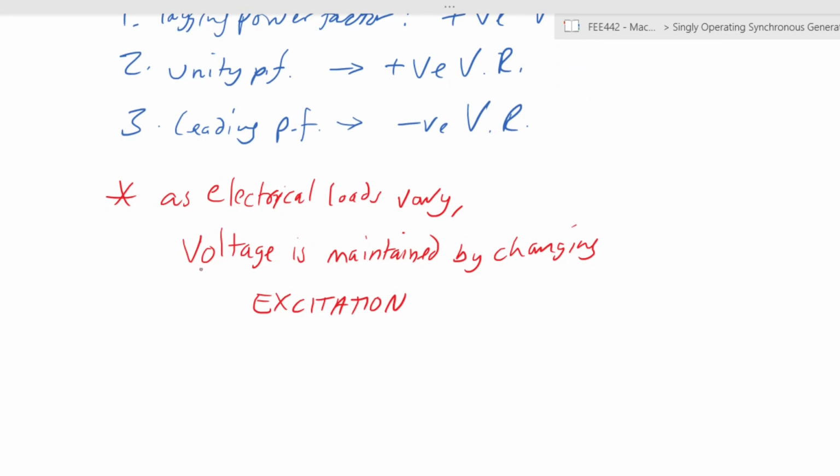If you want to regulate voltage, if you want to control voltage, you do it by changing the excitation, which is given by IF, right? In order to change the terminal voltage that you find available to your loads, you must change the excitation on the rotor. That is, the current that is flowing through the field windings needs to be varied in order to control voltage.